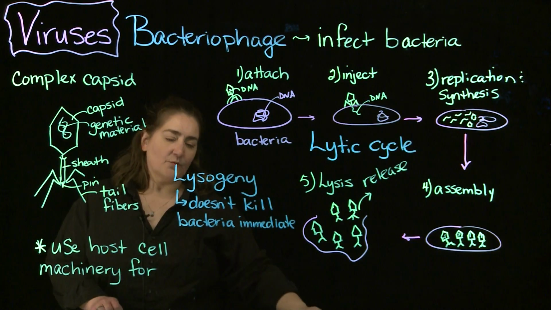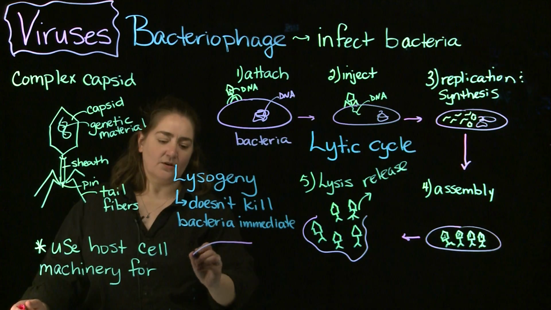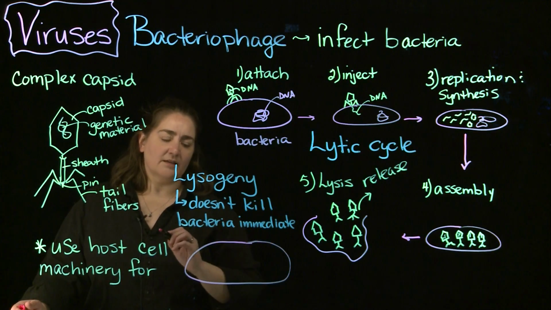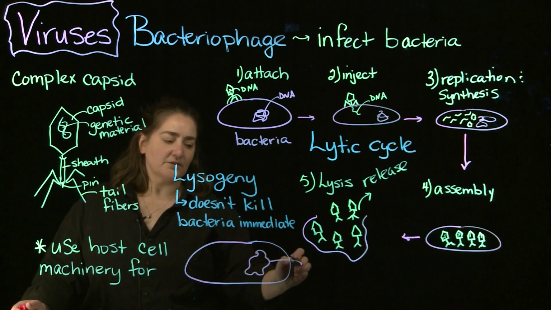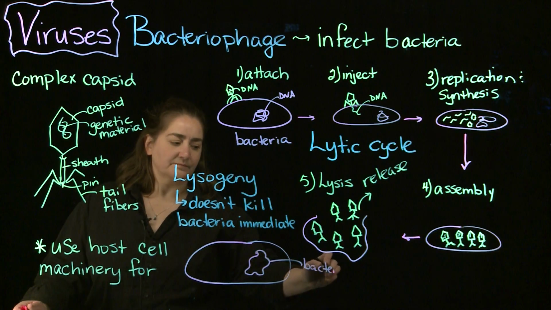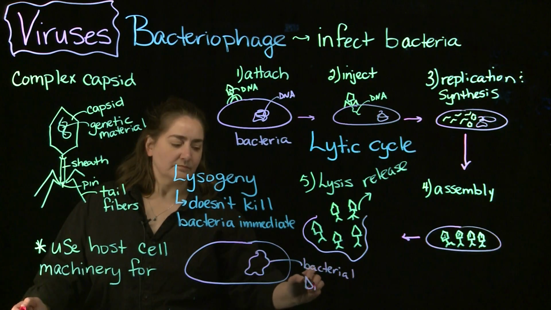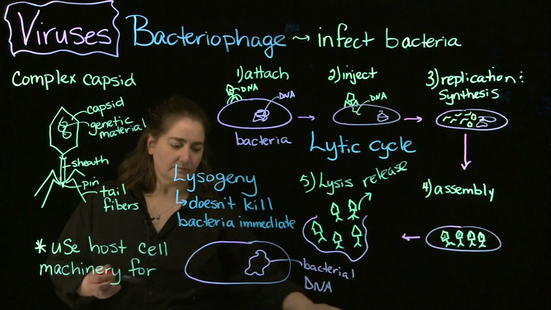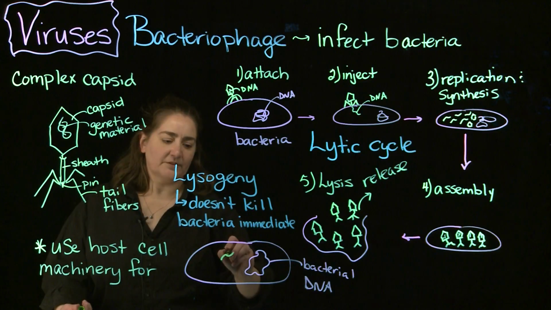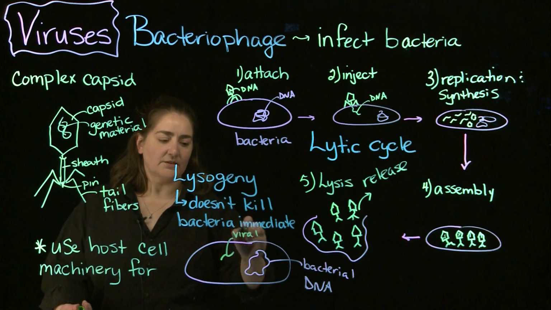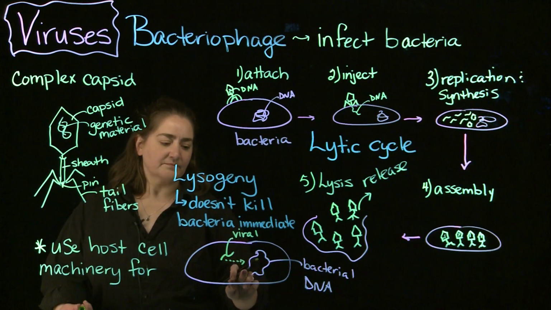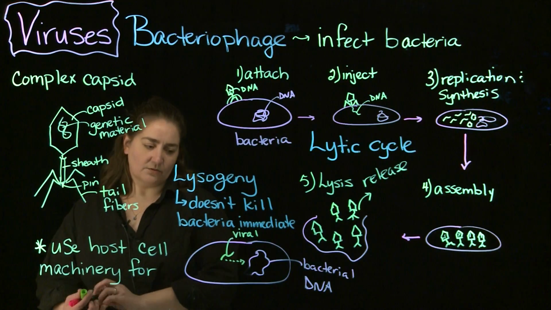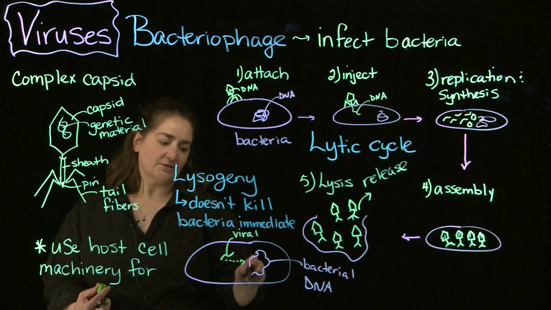But what ends up happening with the lysogenic cycle is, if we have our bacterial DNA here, and our viral DNA here, that viral DNA ends up integrating into the bacterial DNA.